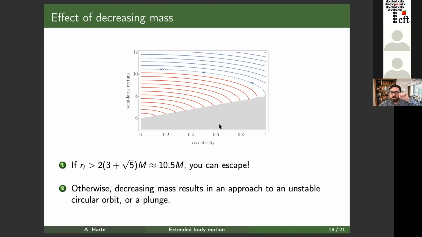So even if you're at high eccentricity over here, a point there is asymptotically approaching a circular orbit with radius below 6m. So if you're on one of these red curves and you decrease mass, you're eventually going to run into this boundary. You run into the separatrix. And that means, at least formally, you're going to be approaching one of these unstable circular orbits.